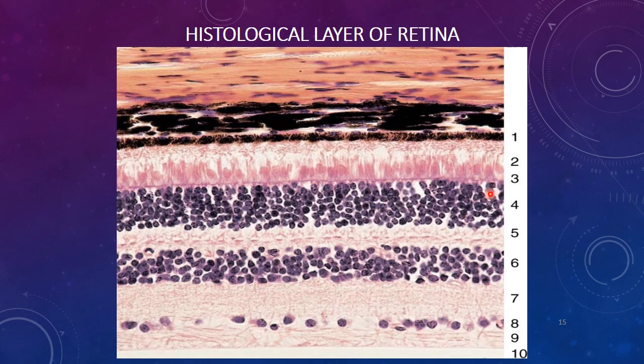You have the rod and cone cells, neuronal bodies, then is the outer plexiform layer, then this is the inner nuclear layer with the bipolar cells, inner plexiform layer, ganglion layer, 9th is the nerve fiber layer, and the 10th is the basement membrane of the Muller cell making the inner limiting membrane. So these are the outer nuclear, outer plexiform, inner nuclear, inner plexiform.